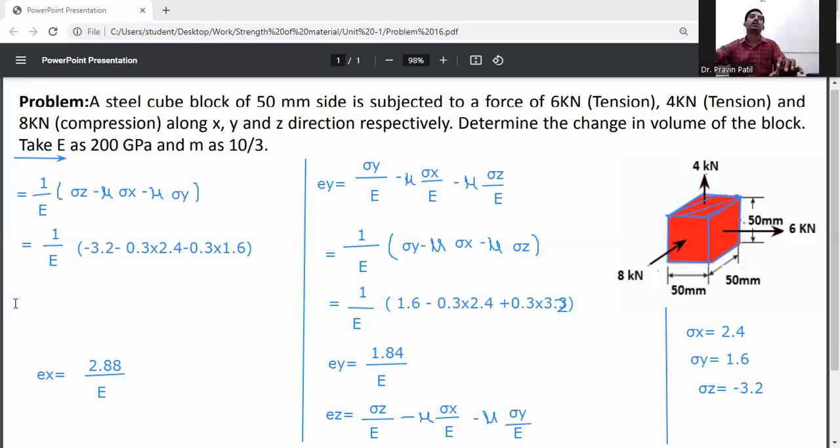So Ez is equal to minus 3.2 minus 0.3 into 2.4 minus 0.3 into 1.6, which is minus 4.4 divided by E.